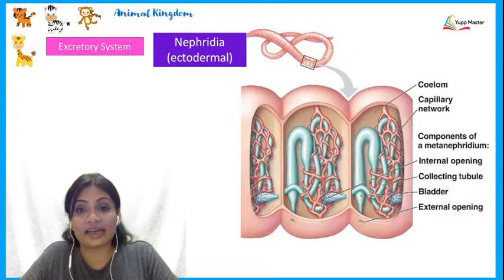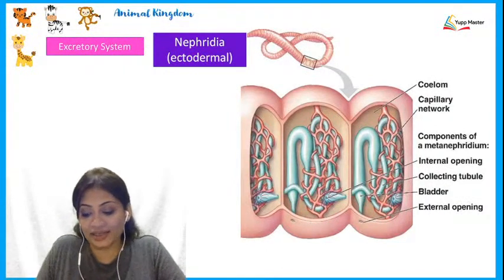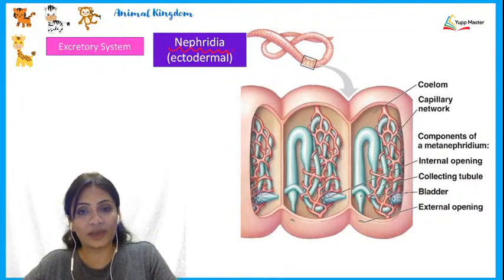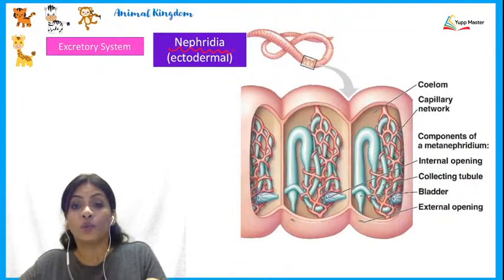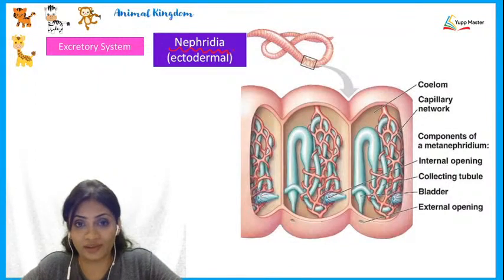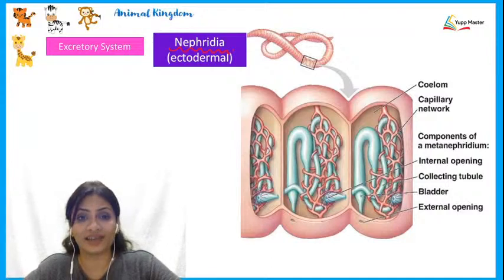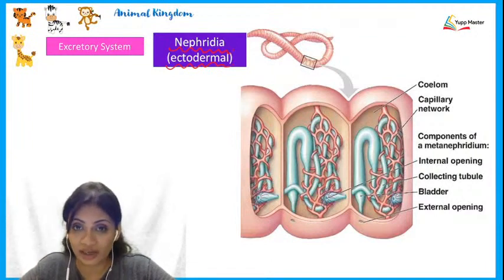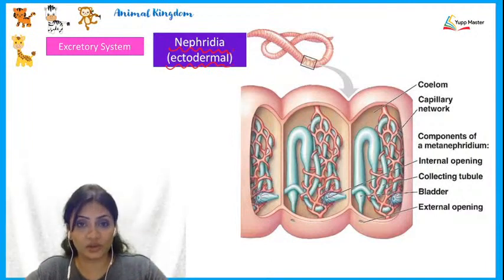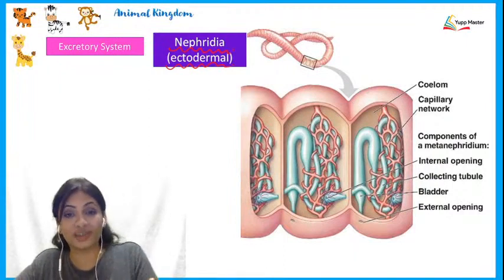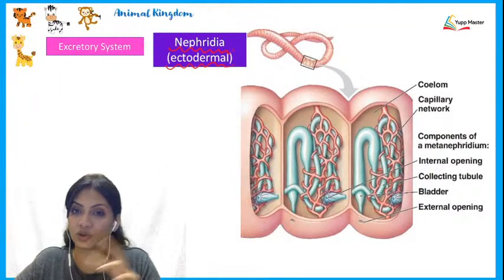We call it nephridia. The word nephro always relates to something dealing with the excretory system. Also remember that the nephridia in the body of an annelid are ectodermal in origin. Which are those three layers? The endoderm, the mesoderm and the ectoderm. These nephridia arise from the ectoderm layer.